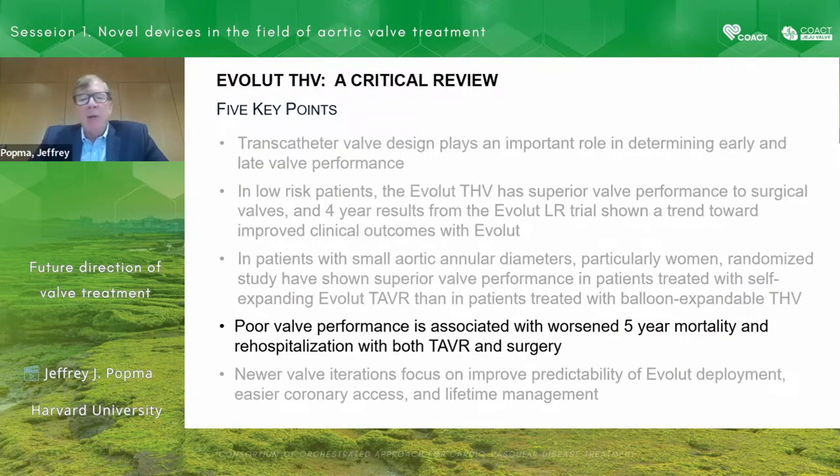Well, it's very important then, as the fourth point, to say we need to understand whether poor valve performance, as we have measured it, is associated with worsened 5-year clinical outcomes and rehospitalization with both TAVR and surgery.